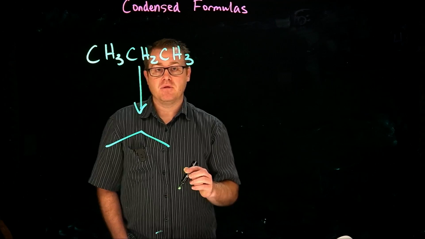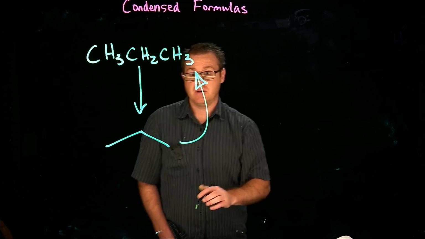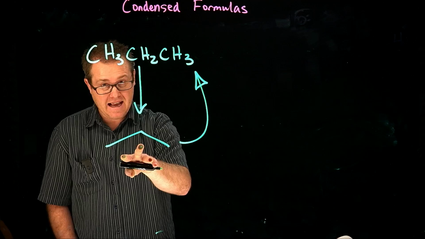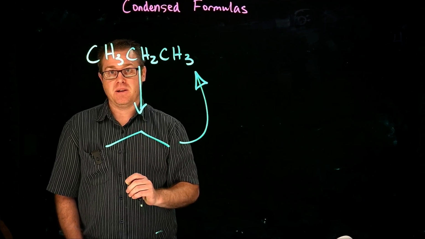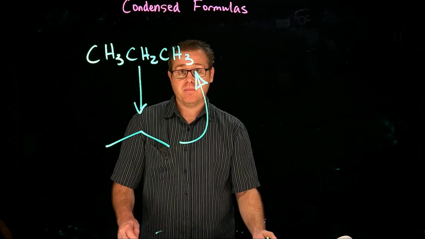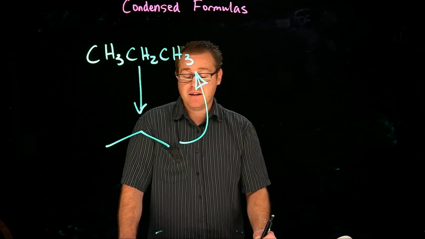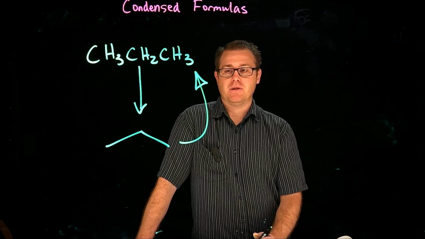You want to be more multidimensional. Can you go from a zigzag to a condensed formula? You want to be able to do it both ways. So all the problems that I've just recently gone through, you can do it backwards.